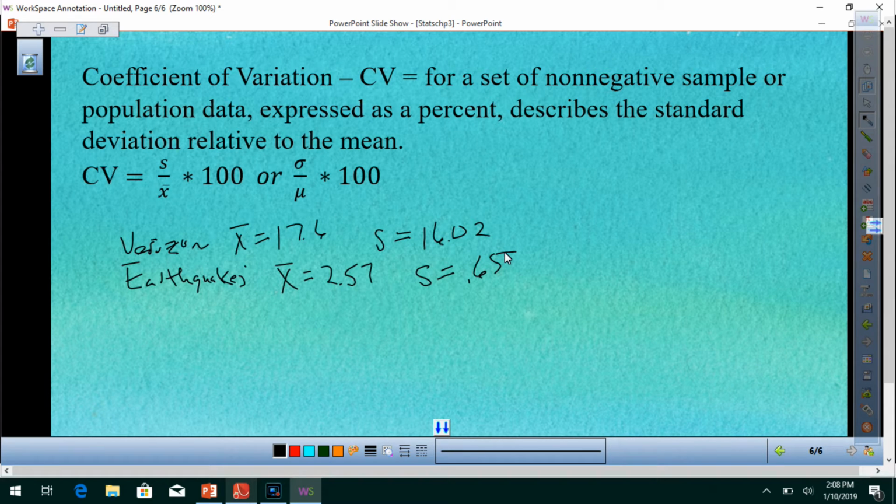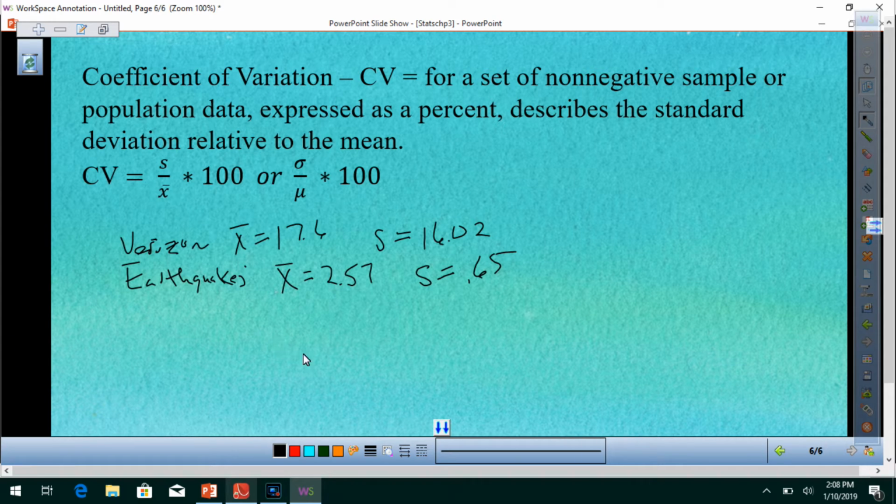So we're going to compare the variation among data speeds and the variation among earthquake magnitudes, to see which one has more variation.